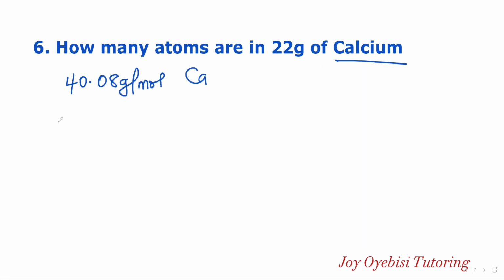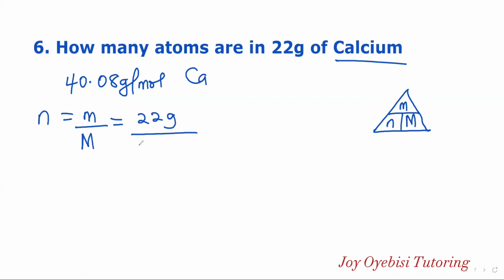To convert to N, use the triangle method again. This is where you make use of the triangle method because you want to convert to the number of moles. According to this, N, the number of moles, equals mass over molar mass. So my mass is 22 grams, divided by 40.08 grams per mole.